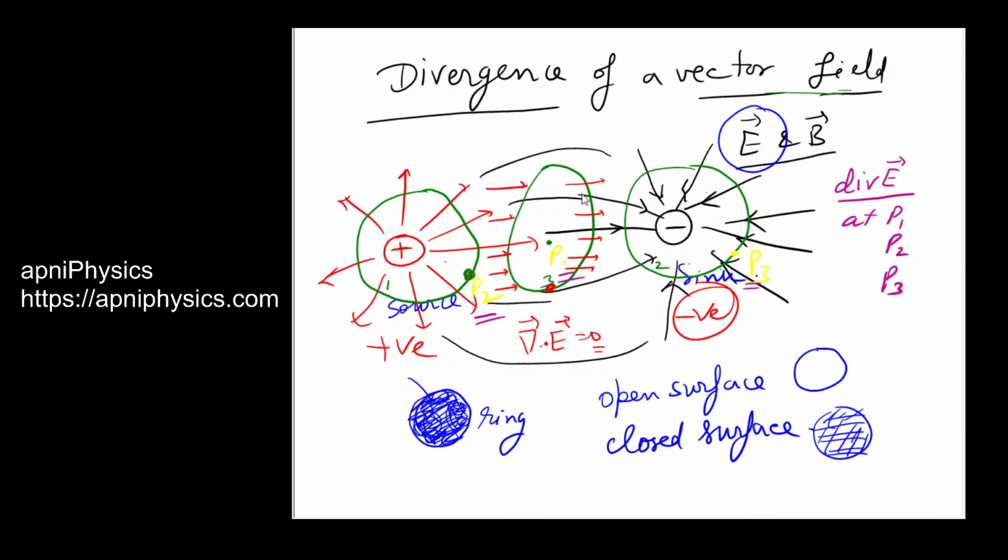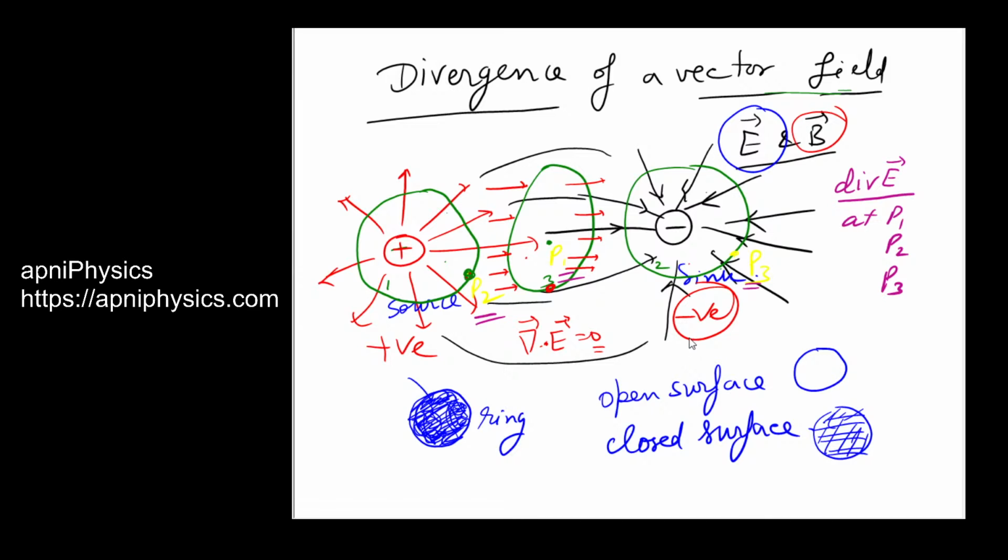And this is an open surface integral. Remember this thing, the divergence of an electric field, of a vector field. The vector field may be an electric field, like I have considered here positive and negative charge. In the case of a magnetic field you can consider the north pole and south pole. The behavior will be the same and you can determine all these things, right?